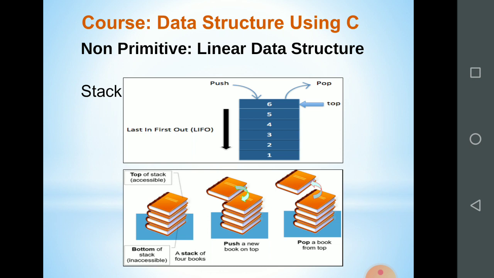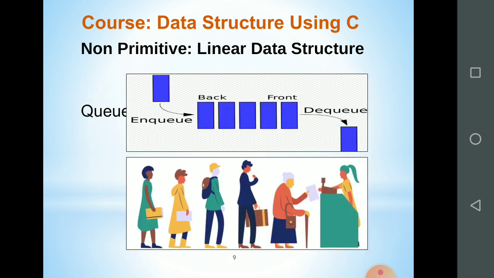There is a last in first out principle. Every time, insertion and deletion of any element can take place only at one end, and that end is called the top of the stack. So this is the stack, which is a linear data structure.